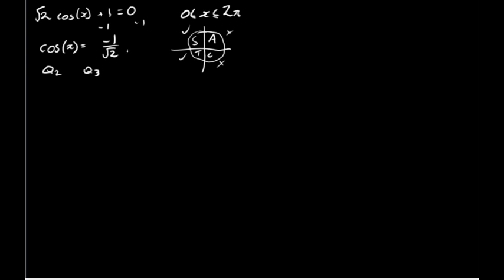Now for cos x equals minus 1 over square root of 2, we can say that our angle is going to be pi on 4 because cos pi on 4 is equal to 1 over root 2.